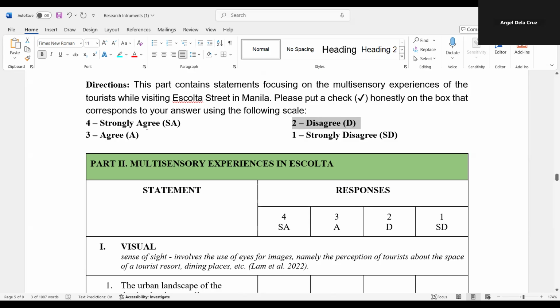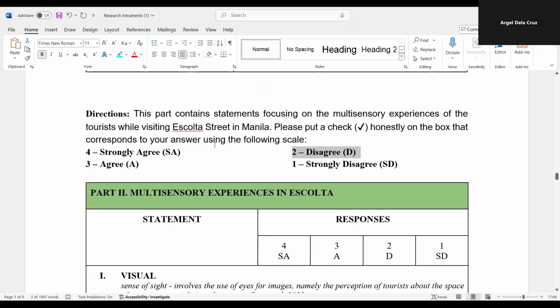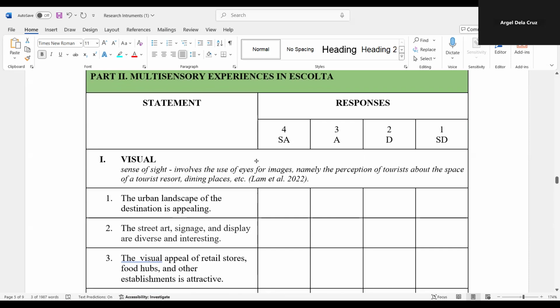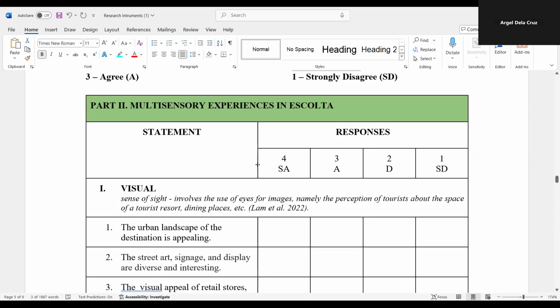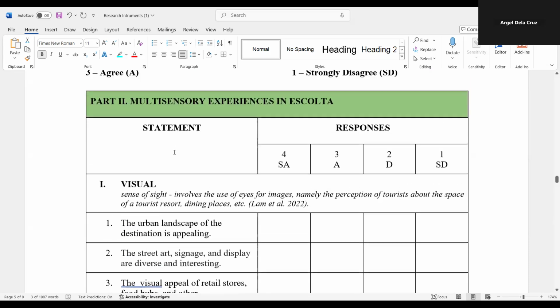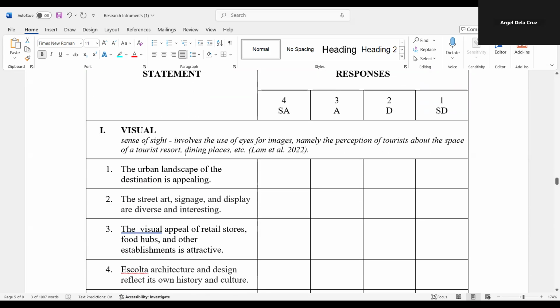Kasi nga, mas madali siyang sagutan. Now, it's up to you. It's up to your advisor. As long as there is no neutral or gray zone, that's okay for me. Okay? So sometimes we also include not applicable. But of course, why put it if it's not applicable, no? So, yun lang. And then what I like with the instrument is that it's visually appealing and they have included definition for visual, the sense of light, and so on.